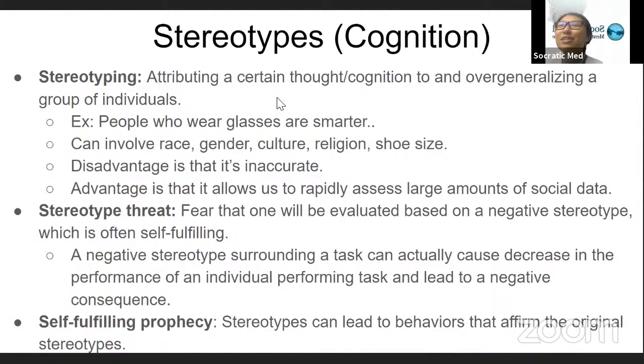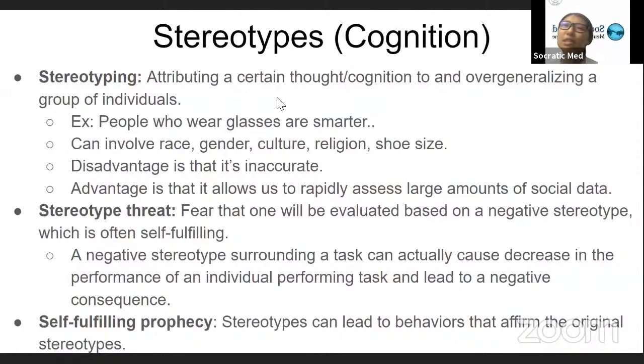It's sometimes a little random, but the disadvantage of stereotyping is that it tends to be inaccurate. The advantage is that it allows us to rapidly assess large amounts of social data, so we can quickly narrow down ideas in the top-down or bottom-up processing we use to analyze situations.